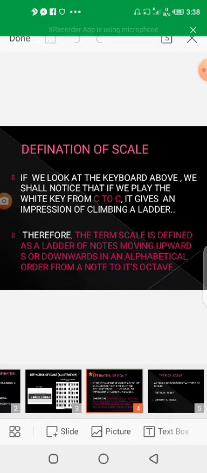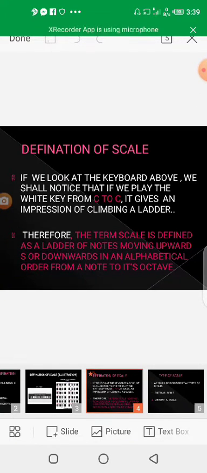Let me take that again. The term scale is defined as a ladder of notes moving upwards or downwards in an alphabetical order from a note to its octave.